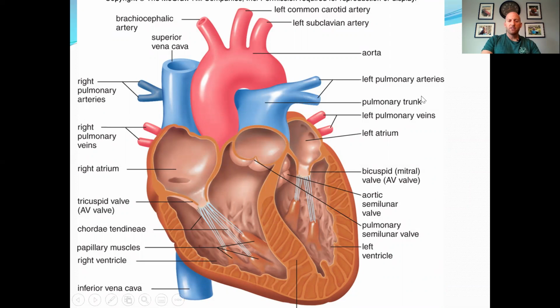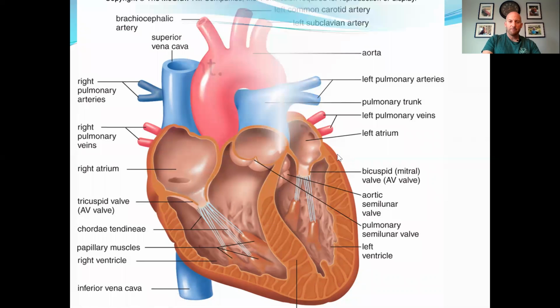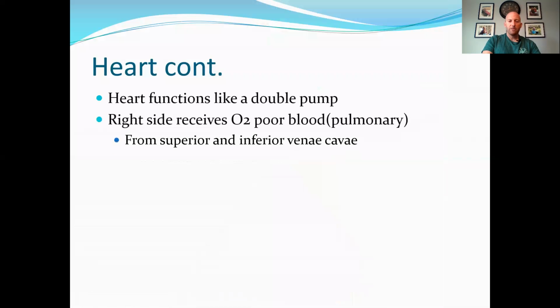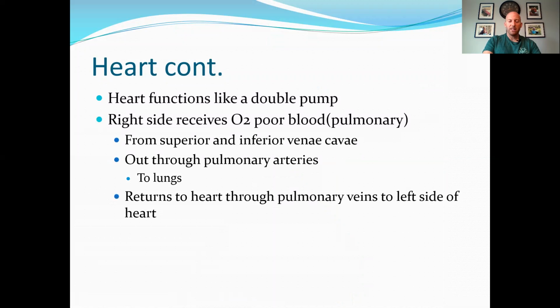It goes to the lungs on both sides and comes back full of oxygen through the pulmonary veins to the left atrium, which pumps through the bicuspid or mitral valve into the left ventricle. The left ventricle then pumps out through the aortic semilunar valve, goes out through the aorta, and goes to all these other places. We said it was like a double pump.